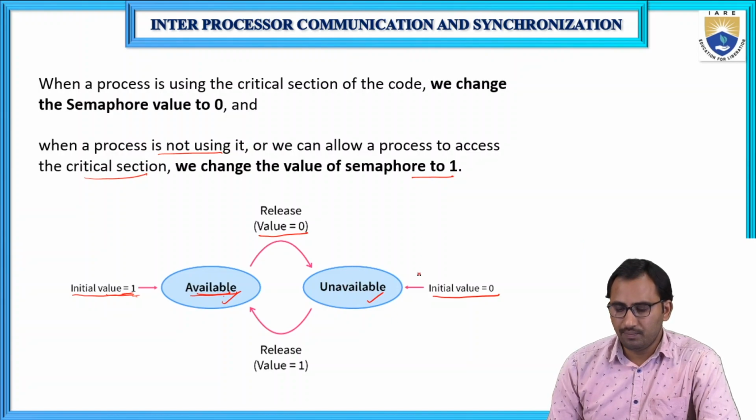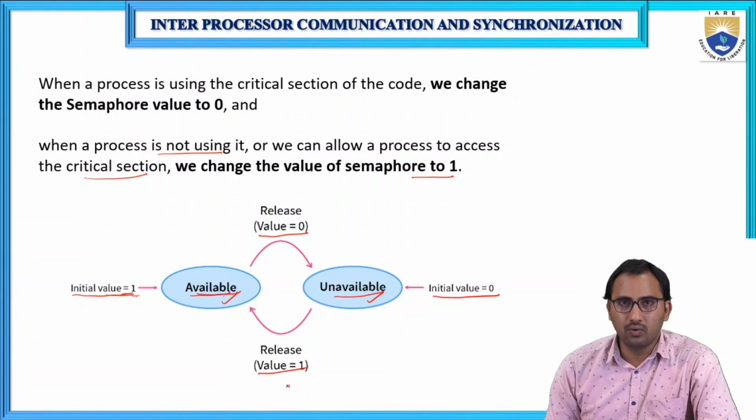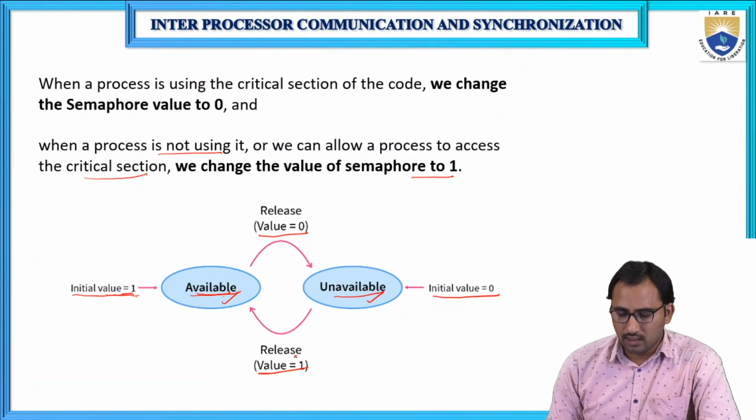And suppose the resource is unavailable, we can make it available by releasing the resource. Then the value will be equal to 1. If the value is 1, the resource is available.